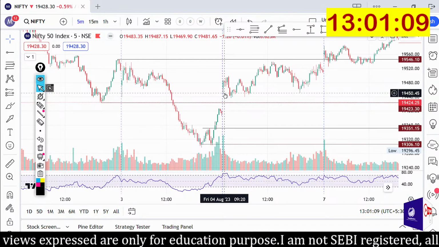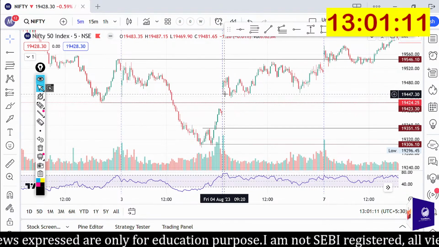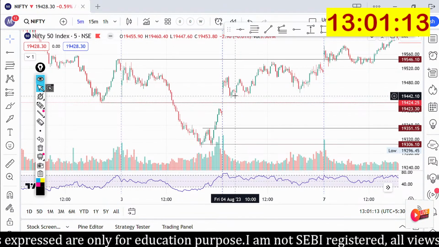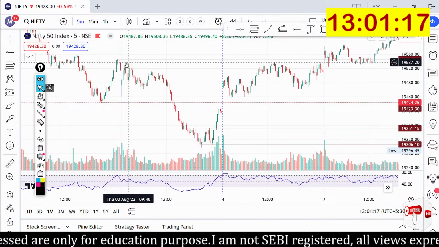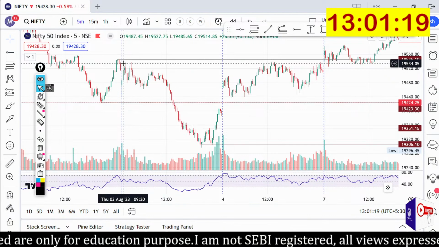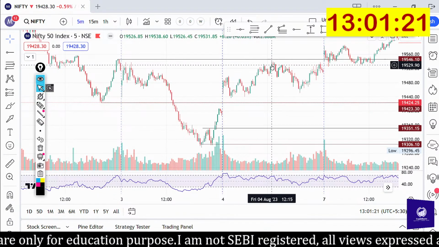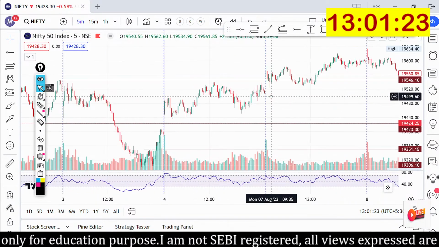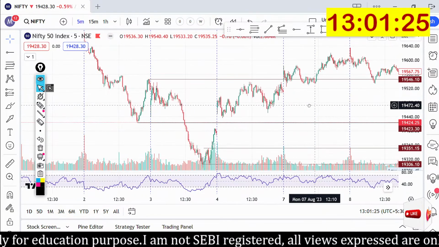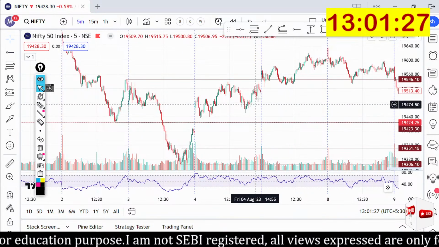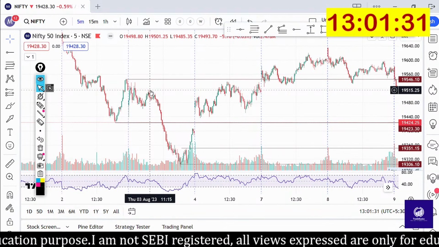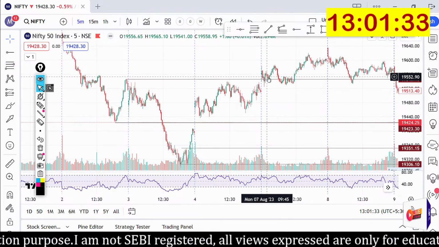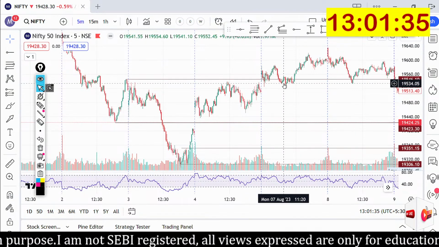Because the gap up is holding, I will try to hold the trade for the longer side, and somewhere at this place there was a double top. This will be my target. So this swing is where the trend has ideally changed. See, this swing was there. Ideally the trend has changed here.